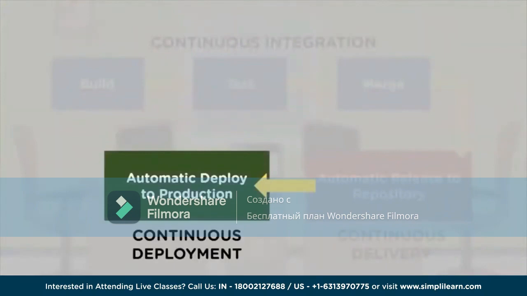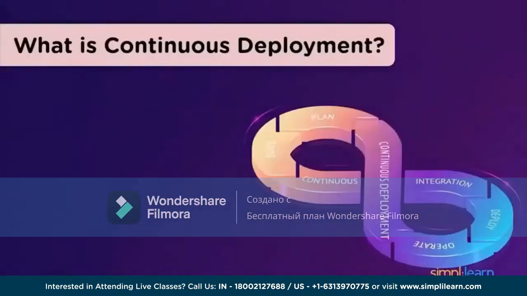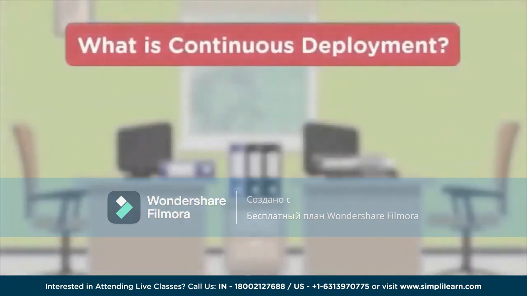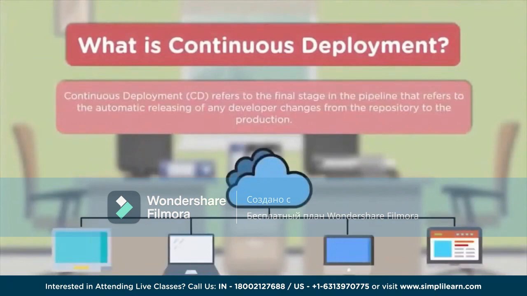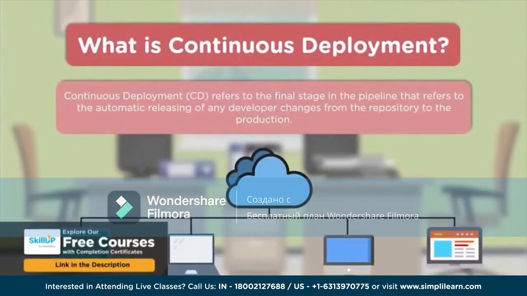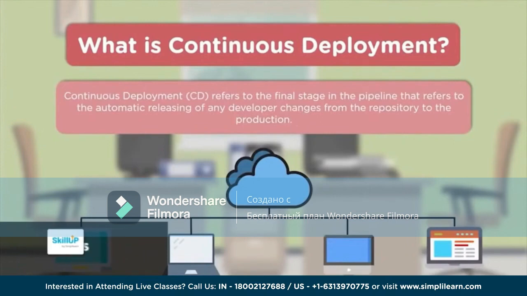Now the next thing is continuous deployment, which is an automatic deployment to the production environment. Let's see what exactly continuous deployment is all about. Continuous deployment refers to the final stage in the pipeline. It means that we are not only preparing our artifacts, or doing the compilations and test case executions, we are going one step ahead.